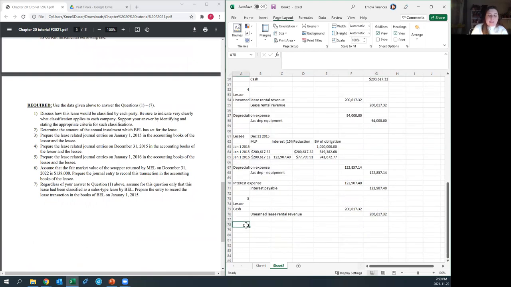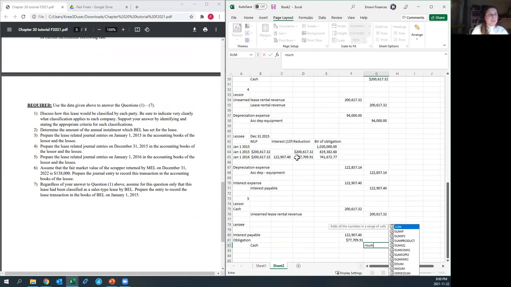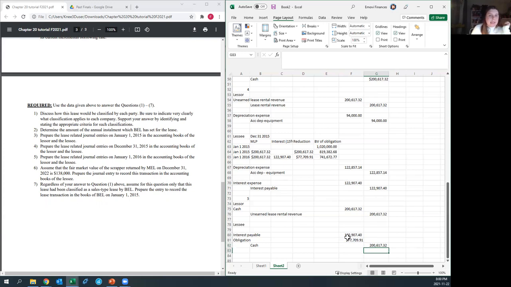And then for the lessee, they're gonna have their interest payable. They're gonna have their reduction in the obligation and their payment. So interest payable is what we recorded at year end. The obligation is our reduction here of $77,000. Then our cash should equal to the minimum lease payment. Yay, it did.